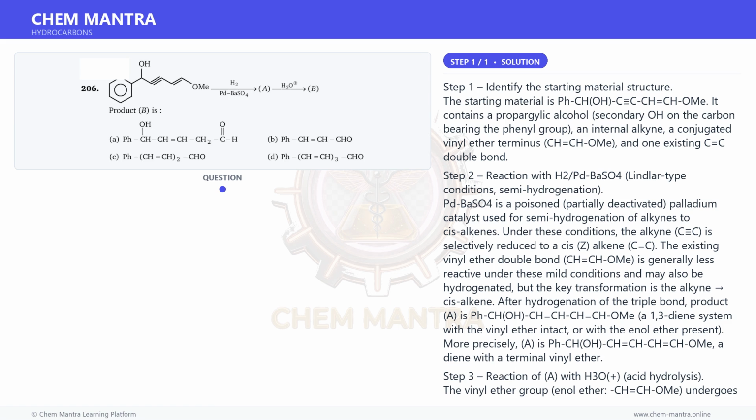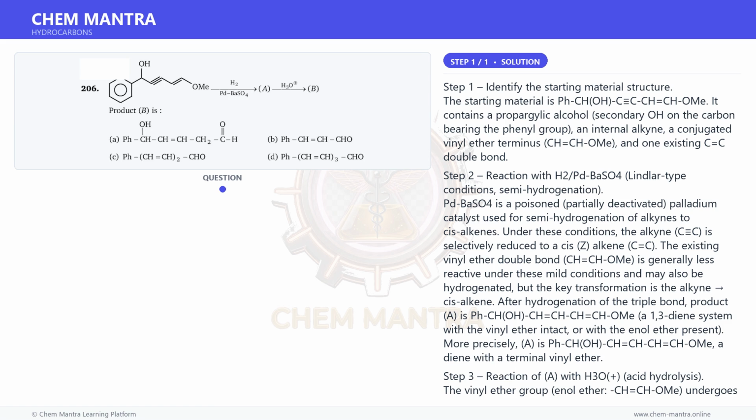The allylic benzylic alcohol at C1 dehydrates, PhCH(OH) loses H2O, PhCH= connecting into the diene. Result: PhCH=CH-CH=CH-CHO, which is PhCH=CH2-CHO.